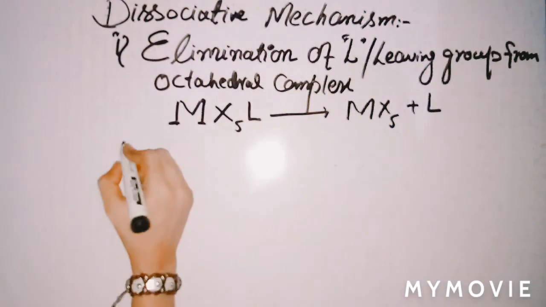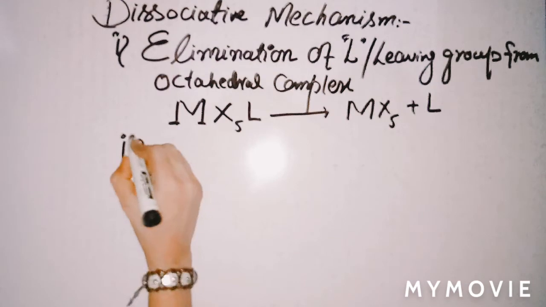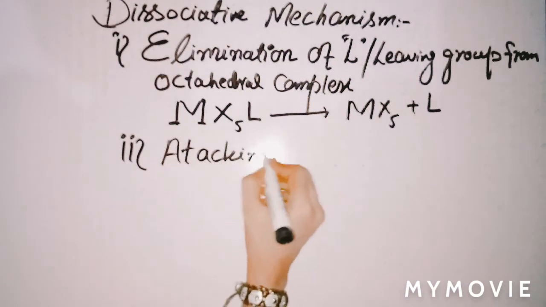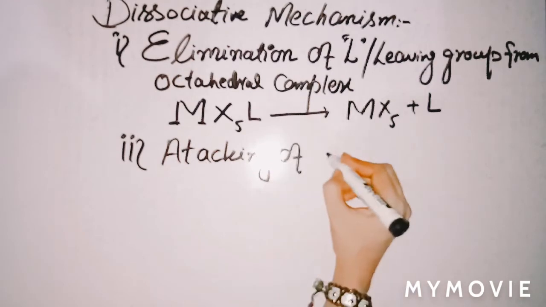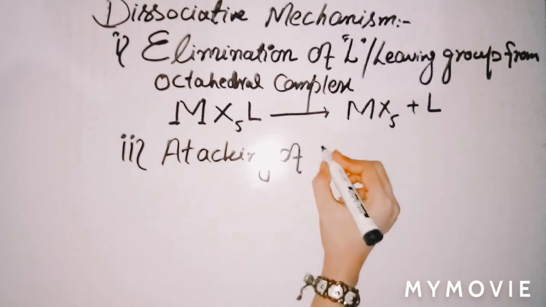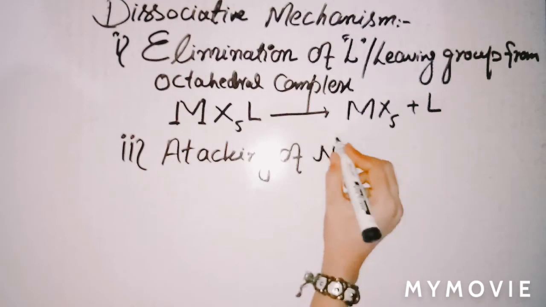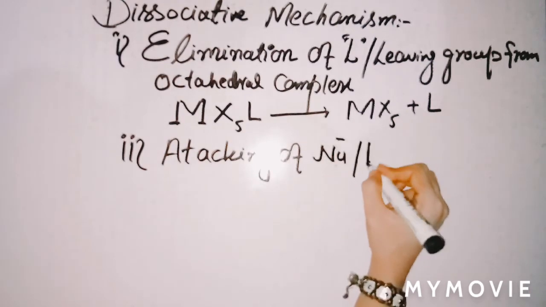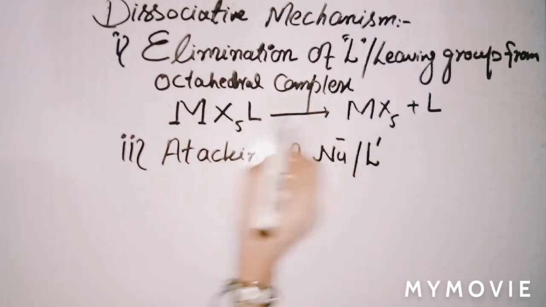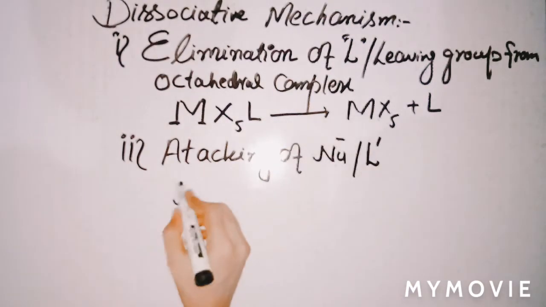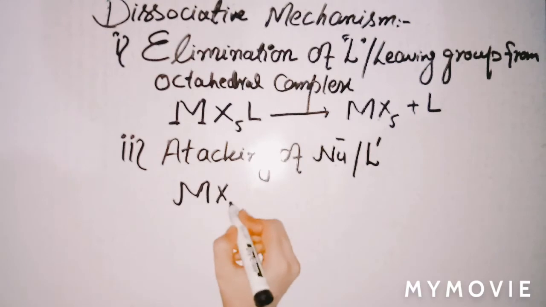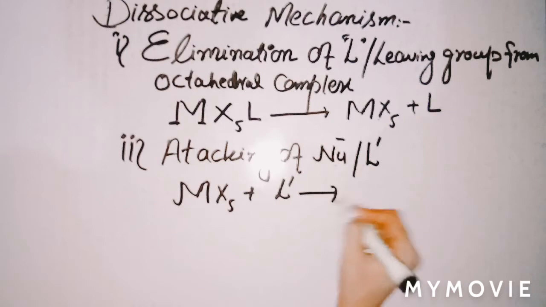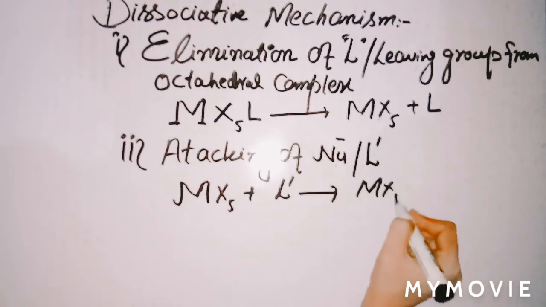In the next step, attacking of the nucleophile will occur, that is the incoming ligand L prime. So this step will be represented as MX5 plus L prime gives MX5L.